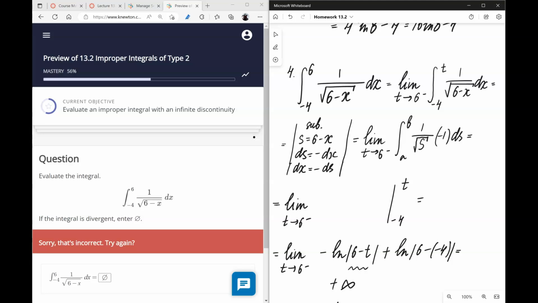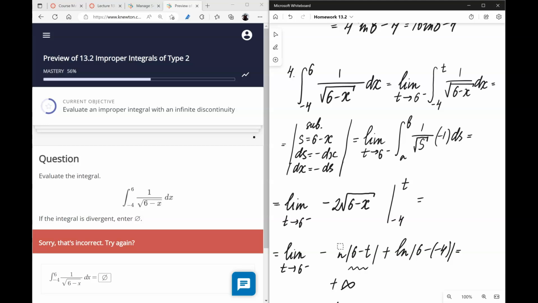So it's just going to be 2 square root of s, but s is 6 minus x. And we had that negative there, so it's going to be negative here.